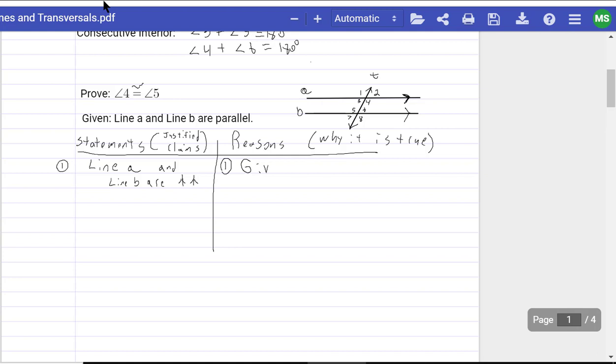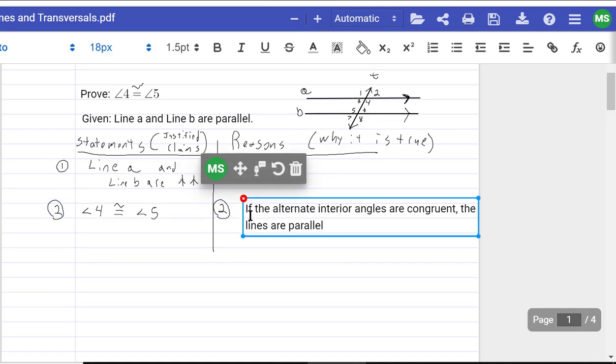And we're like, cool. Now, for some of these, we can just literally state, hey, this is true because, and give a reason. Let's give the reason. All right, so I can literally say that angle 4 and angle 5 are congruent because if the alternate interior angles are congruent, the lines are parallel.